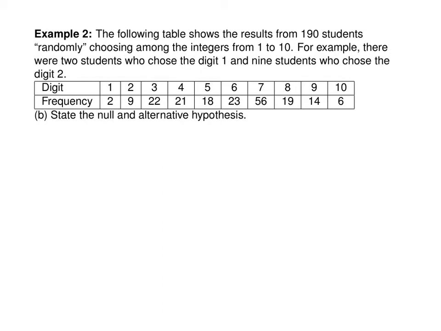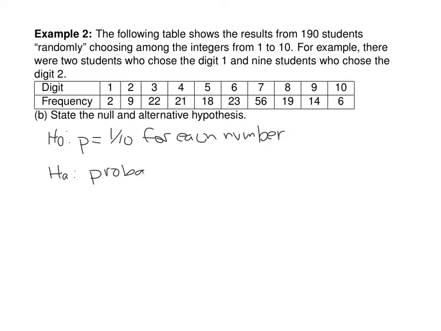So in this case, we're going to test the null hypothesis that the probability is equal to 1/10 for each number, and HA being the probabilities are not all 1/10. What that's just saying is that while some probabilities might be 1/10 for some numbers, it is not true for all of the numbers.